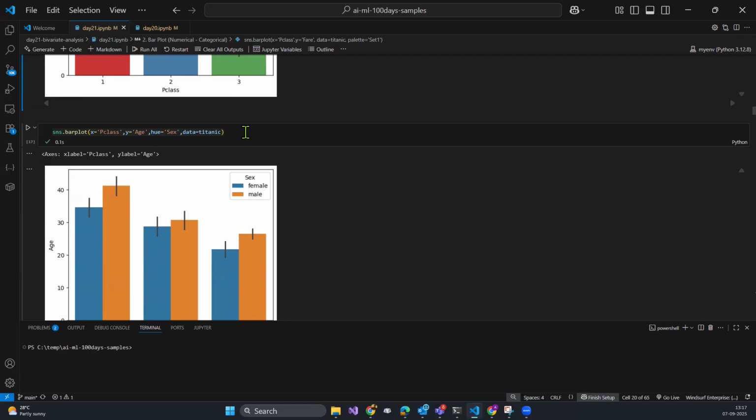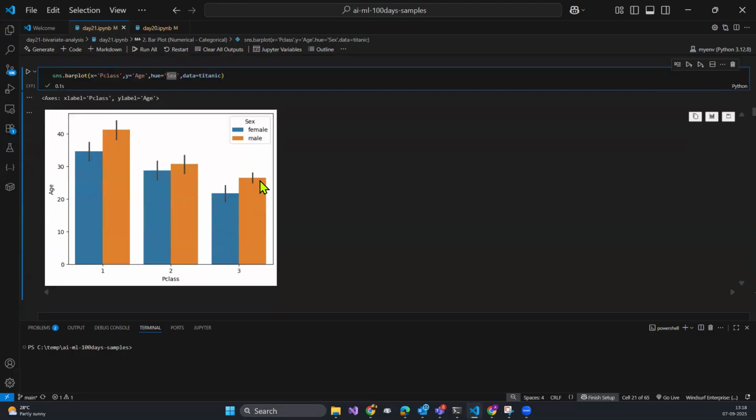How about multivariance analysis in numerical and categorical? So we are able to see P class, age, and hue. We are defining sex, right? So we are seeing that in each class, the number of females and males. So with this graph, we are able to say that number of males were more compared to female.